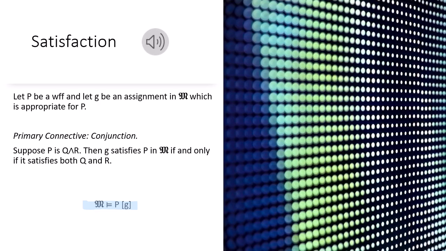And in that case, we'll write that expression down there in blue with our double turnstile, which is exactly how we would expect the conjunction to work out in terms of satisfaction or in terms of truth.